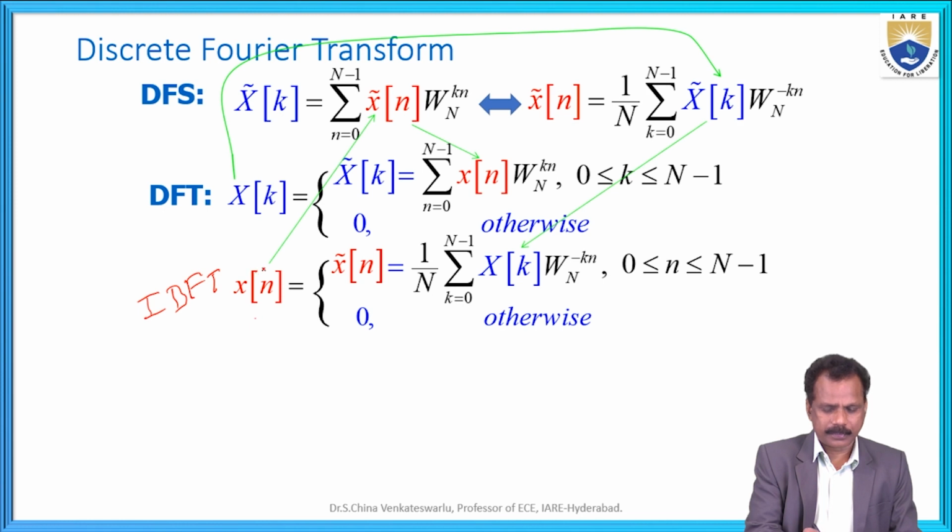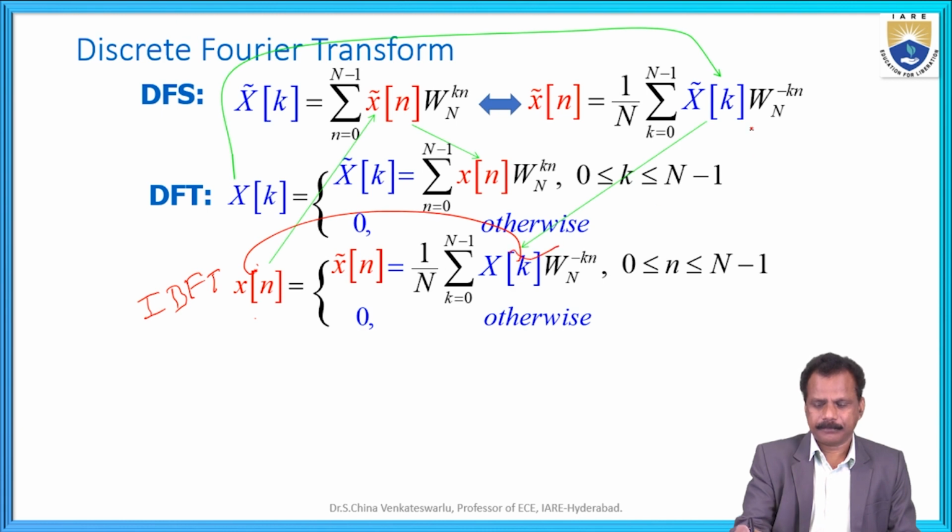After applying the inverse discrete Fourier transform, X(k) is also involved here.